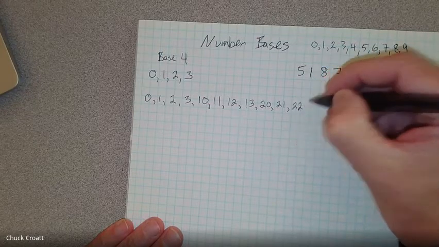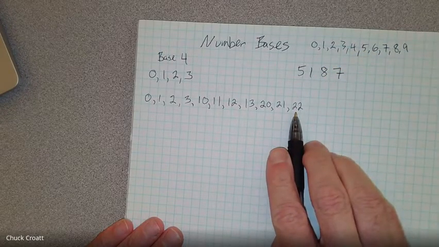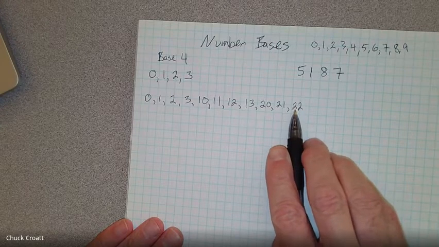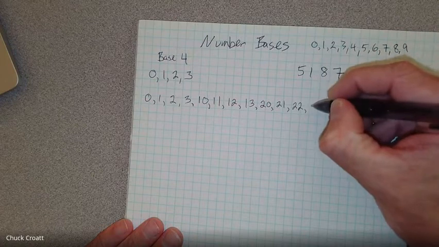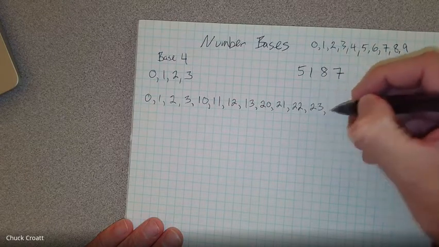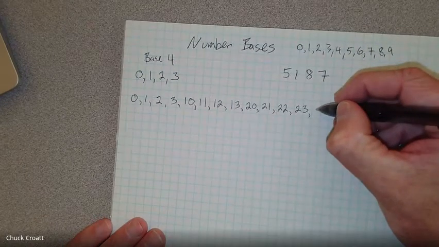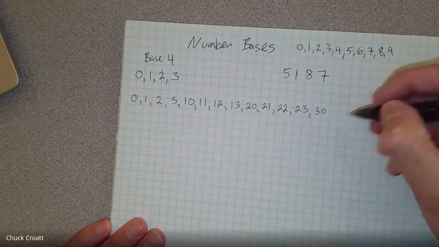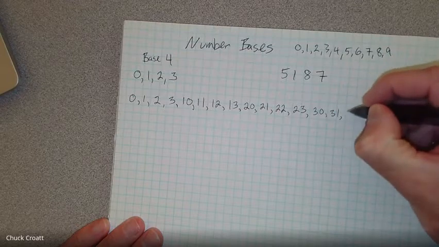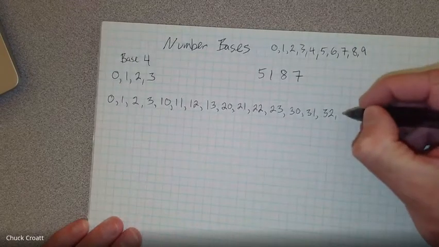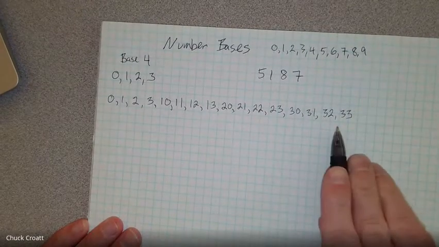What looks like 22 to us is really 2 fours and 2 ones, so that is what 10 looks like. There would be 11, and then by the time we get to 12, we've got 3 fours and 0 ones. 3 fours and a 1, 3 fours and 2 ones, 3 fours and 3 ones, and now we are as big as we can go.